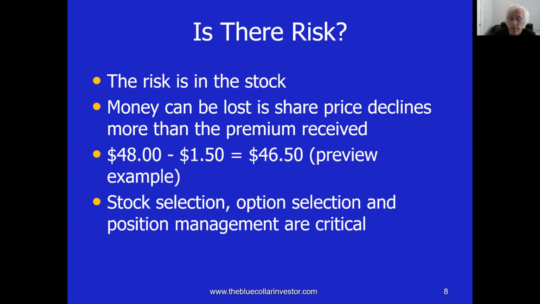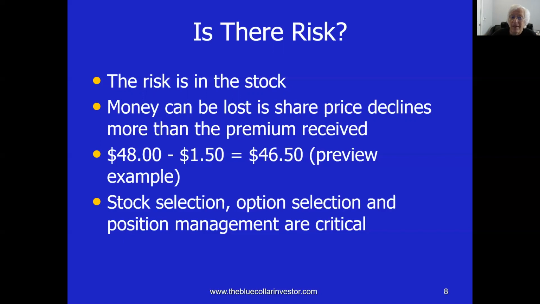In the preview example, we bought the shares at $48 and sold the 50 call for $1.50. Our break even is $46.50. So if the price of the stock drops below $46.50, we start to lose money, and that is the risk. Now, let me just mention this also, that we're capping the upside when we sell a covered call.